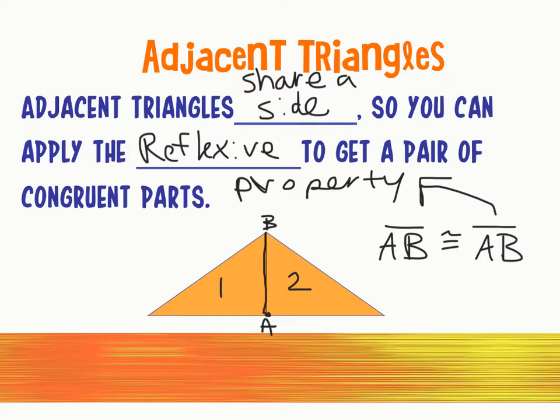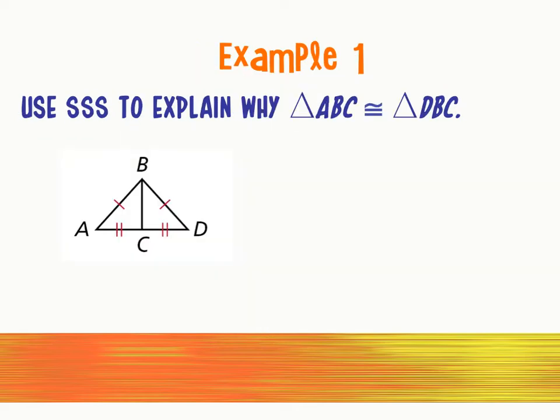And now we're going to look at some examples that involve the reflexive property when proving side, side, side. Use side, side, side to explain why triangle ABC is congruent to triangle DBC. Remember, in SSS, we need to prove that we have 3 pairs of congruent sides.